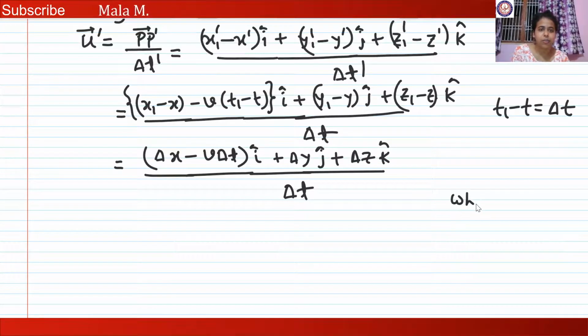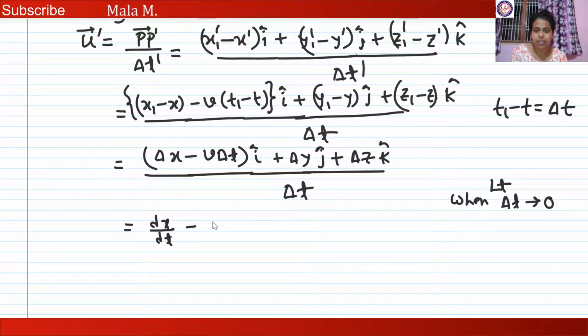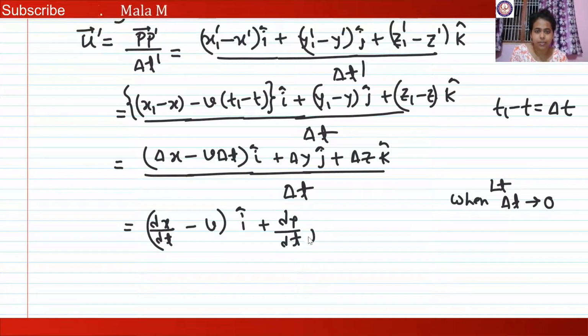Now, when delta t tends to 0, similarly delta x by delta t becomes dx by dt. So we get dx by dt minus v i cap plus dy by dt j cap plus dz by dt k cap.